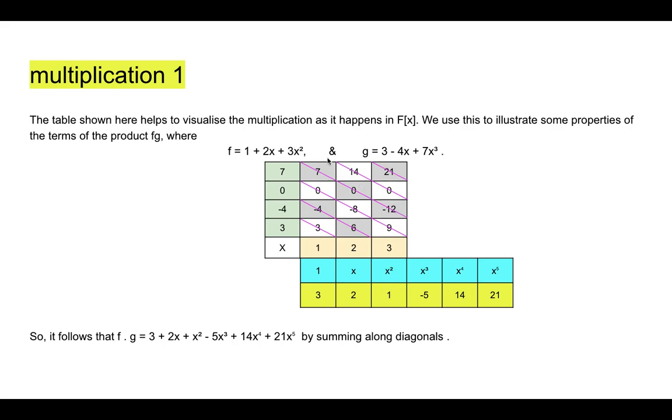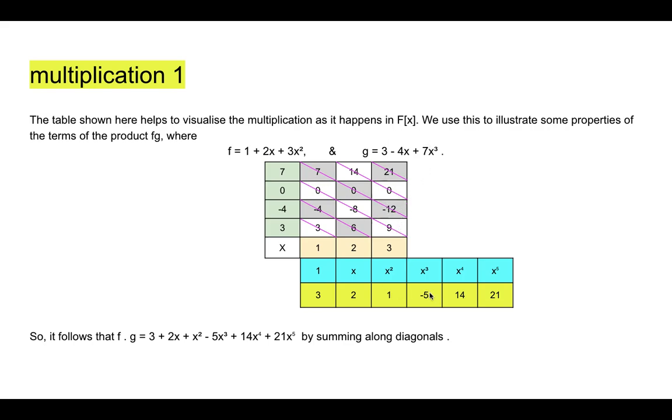Now for the cubic term, we get negative 12 from 3x squared times negative 4x as negative 12x cubed, and we get 7x cubed coming from 7x cubed times 1. There's no contribution from 2x with any term of g to give a cubic term.